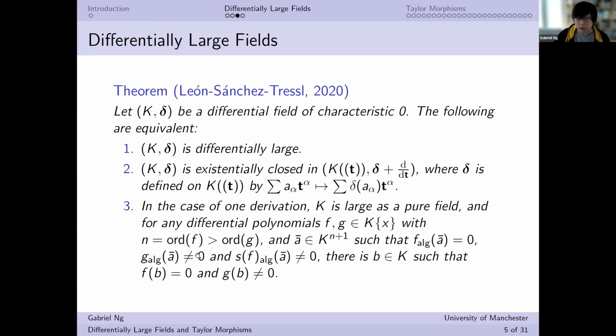Such that it is not a solution to g, and the separant does not vanish on this point. Then we can also find an element b, which is a differential solution. And we can think of this as some kind of lifting of solutions from the algebraic to the differential setting.